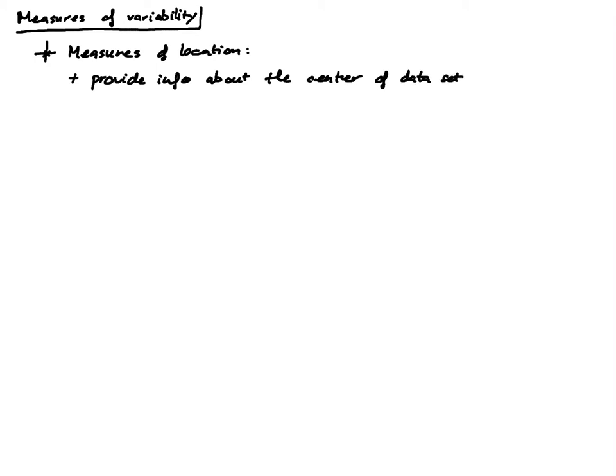For example, the mean and the median would do this, and they provide information about the location of the data points. The percentiles do this too, but the measures of location tell us nothing about how much variation there is in the data.